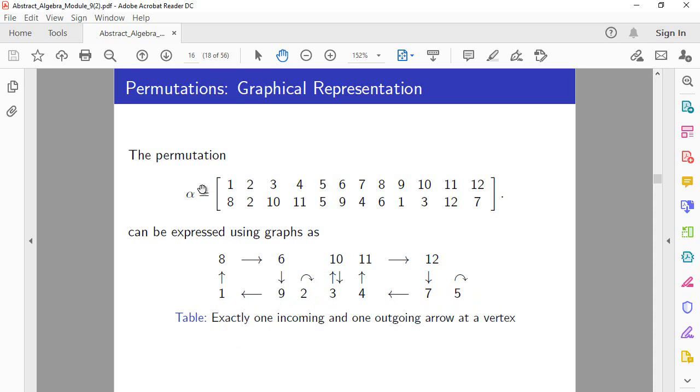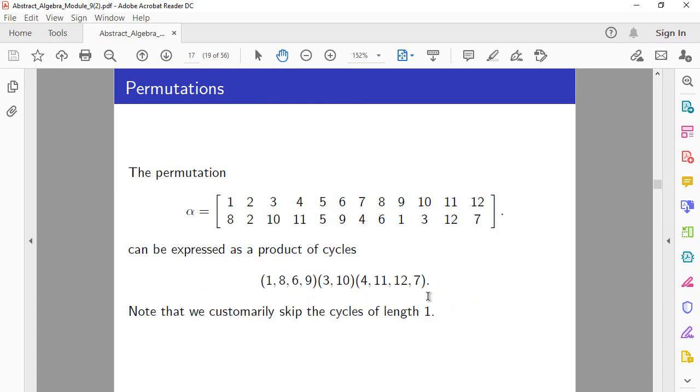So we can express alpha as the cycle (1 8 6 9) multiplied with the cycle (3 10) and the cycle (4 11 12 7). Notice that these cycles are disjoint.